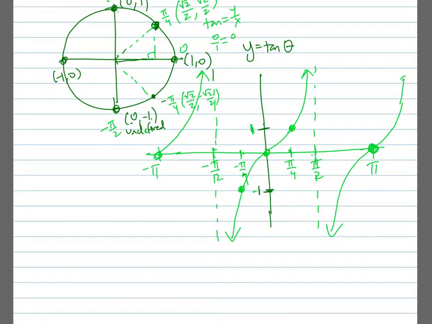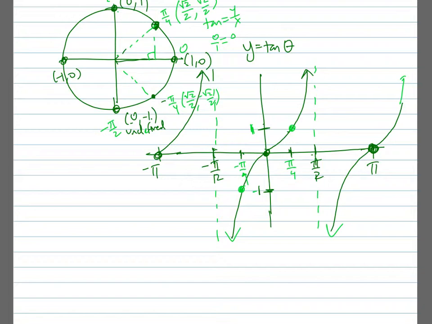I want you just to make it more centered, not shooting off to the right. Let's go ahead and label this pi over 2 and negative pi over 2. And we'll label this pi and negative pi. So we're kind of centered more. You won't have to do anything except just recognize this graph and do the basics.